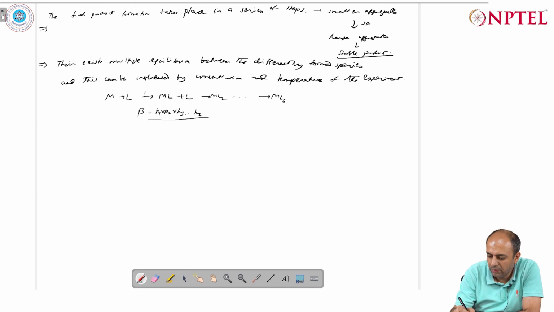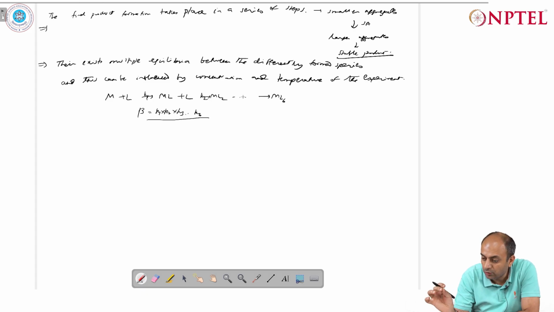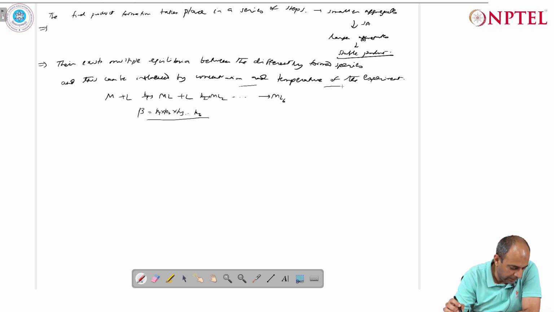So, each step here having the constant K1, K2 like that influences the magnitude of the equilibria and influences the product formation. So, the overall equilibrium constant is a product of the constants for the individual reactions where the individual equilibria exist, and this can be influenced by concentration and temperature of the experiment. So, overall the driving force is the formation of the thermodynamically more stable product.